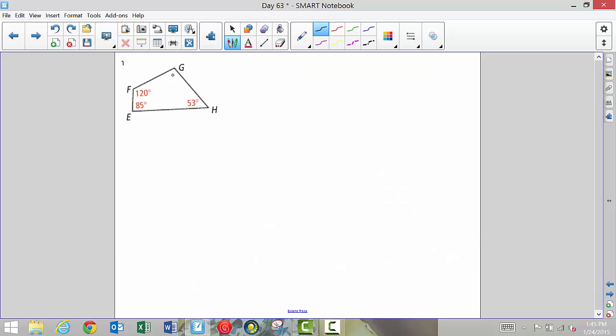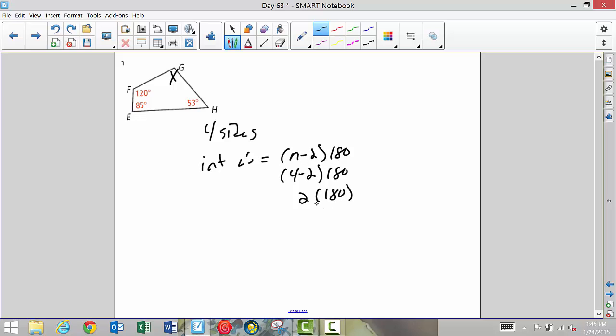Another example, let's solve for angle G. So I have 4 sides. That means the interior angles will equal n minus 2 times 180. How many sides do I have? I have 4, so 4 minus 2 times 180. 2 times 180, which is 360. So I know that all my angles are going to equal 360. So I have 120, 85, 53, and x all equal 360.